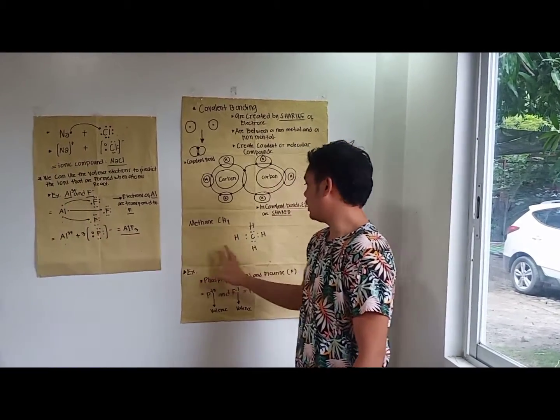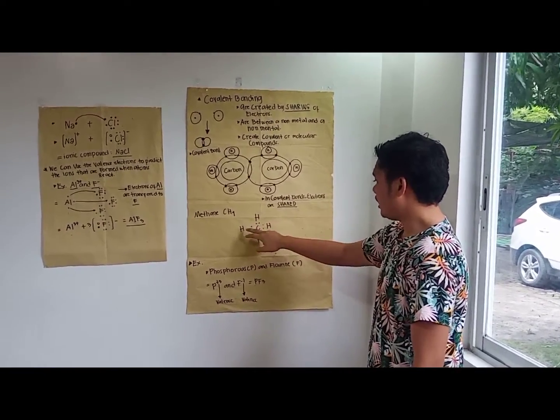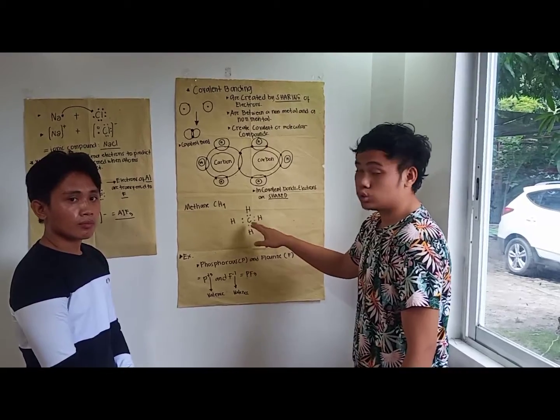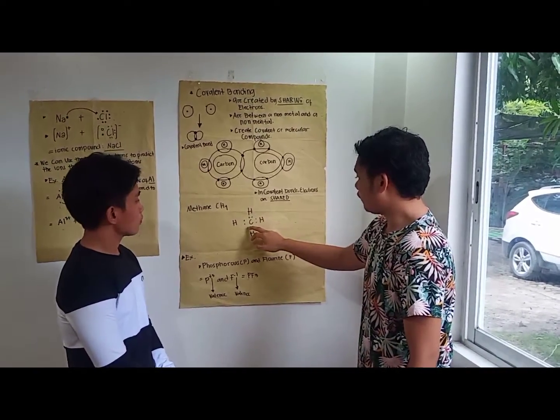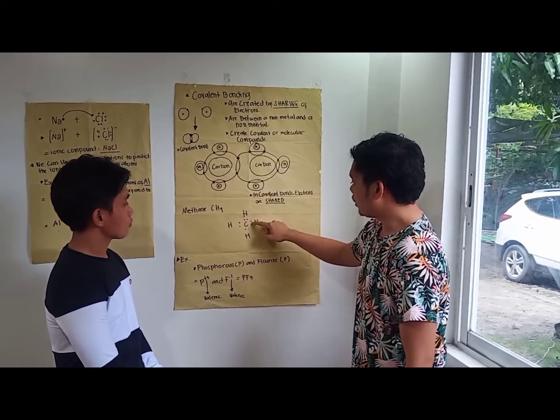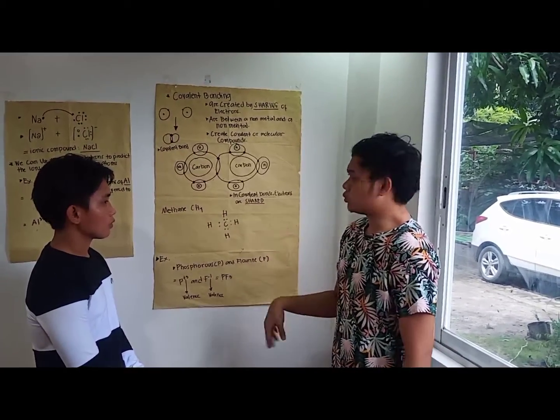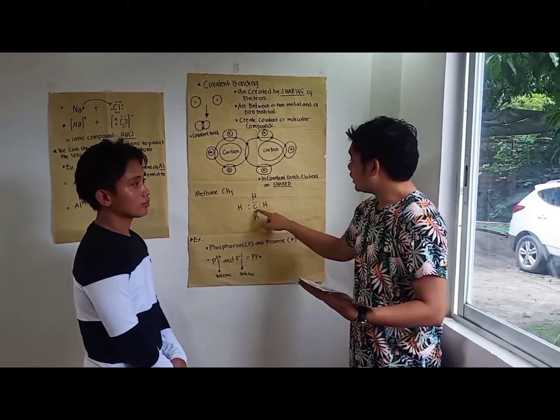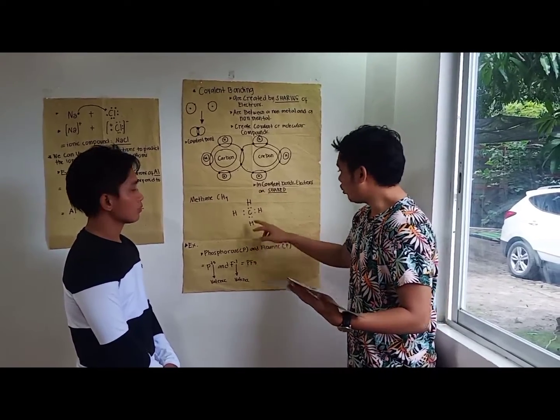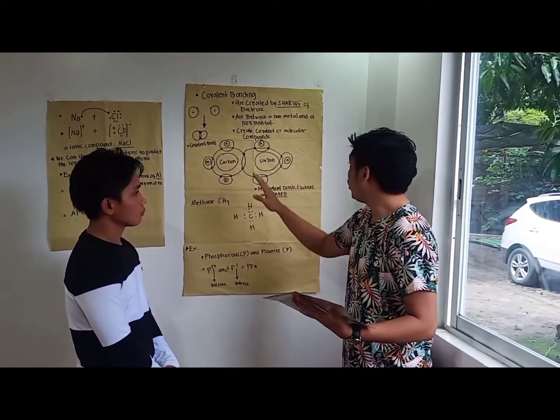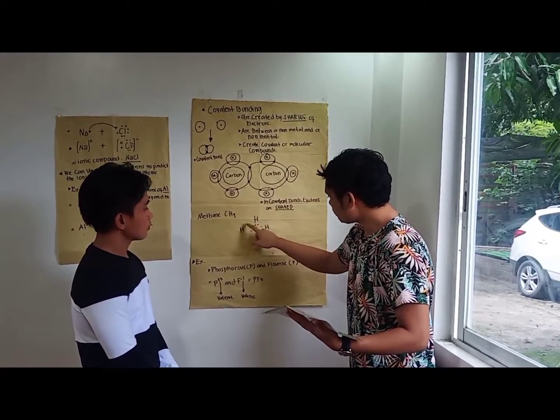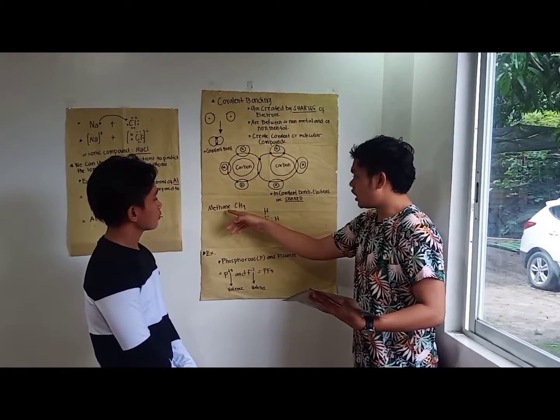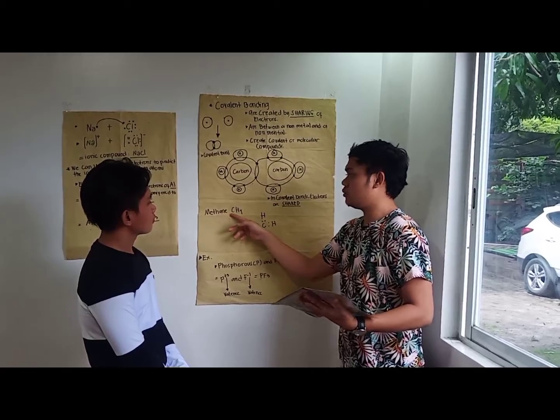Carbon belongs to group 4 of the periodic table, so we put 4 hydrogens. Because of the sharing of electrons, it became 4 and they combined. The covalent compound is methane, which is CH4.